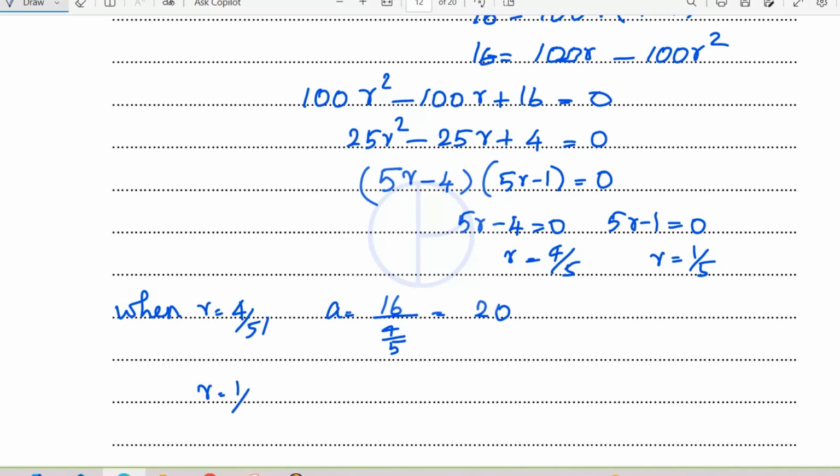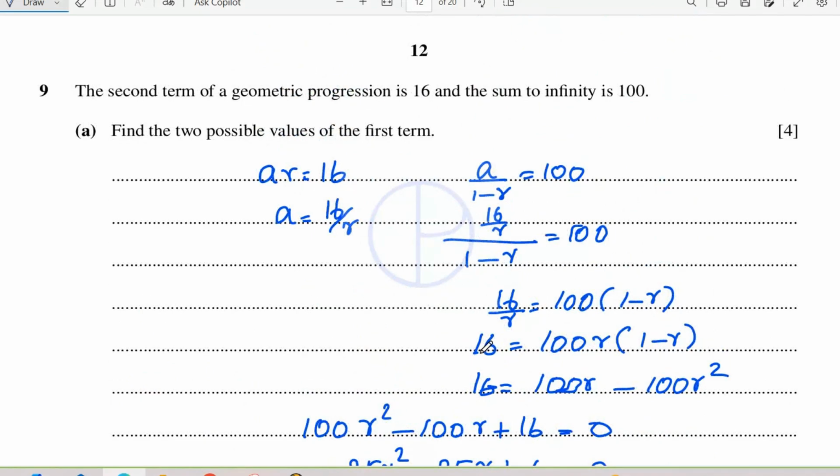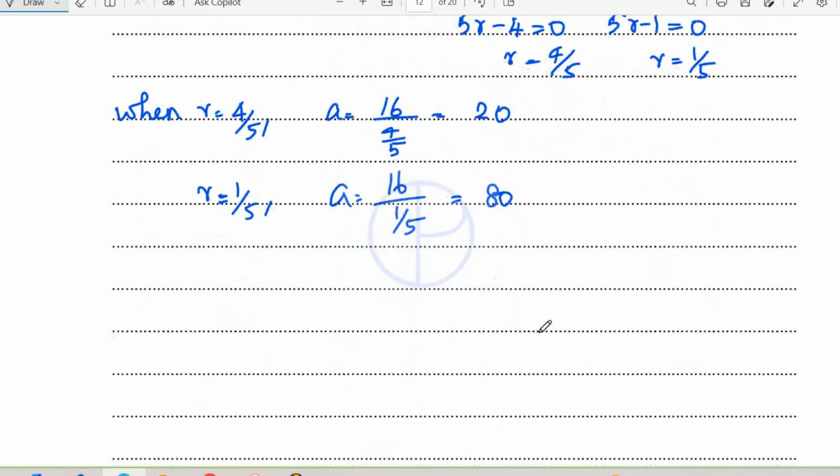When r is equal to 1 over 5, a is equal to 16 divided by 1 over 5, which is equal to 80. So the possible first terms are 20 or 80.